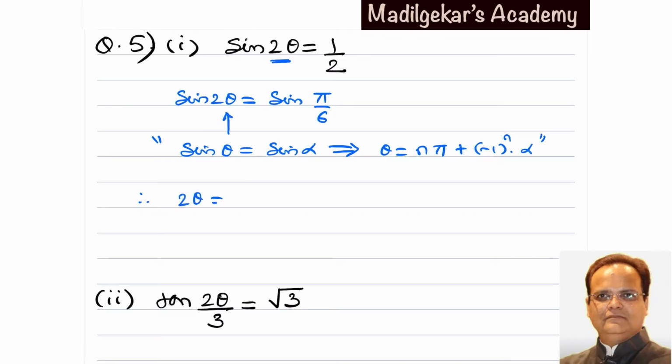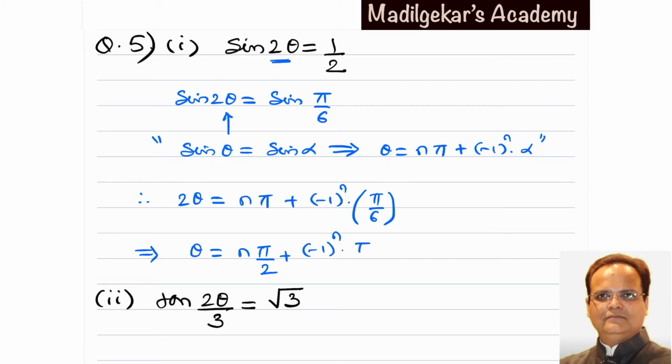So 2 theta will be n pi plus minus 1 raised to n, alpha is pi by 6. While writing the general solution you divide by 2. So theta is n pi by 2 plus minus 1 raised to n pi by 12. You have to apply the same method whether it is a double angle, triple angle or single angle.